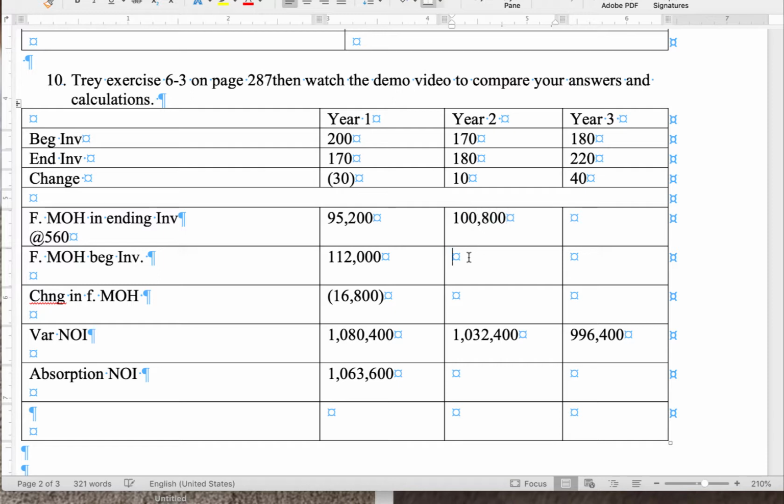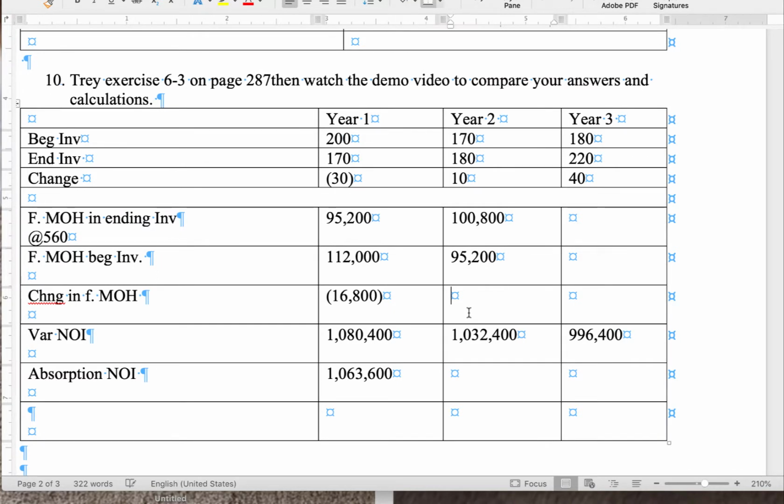I do the same thing with my beginning inventory: 170 times $560 gives me $95,200. The difference between those two is $5,600.